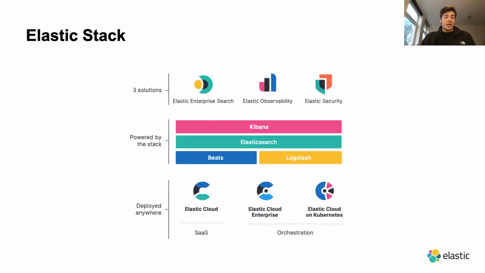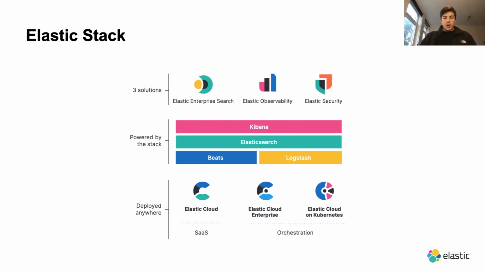And Elastic Stack can be deployed anywhere. So you can, of course, just pull the code from GitHub and run it locally. You can download it prepackaged, but you can also run it in the Elastic Cloud or use tools such as Elastic Cloud Enterprise and Elastic Cloud on Kubernetes to orchestrate the deployment yourself.